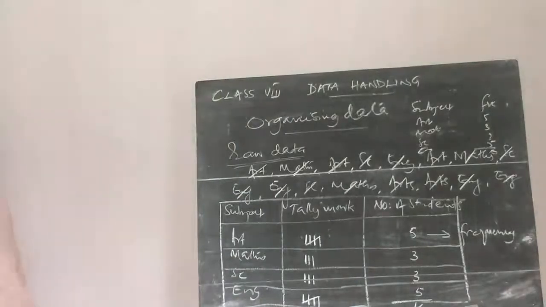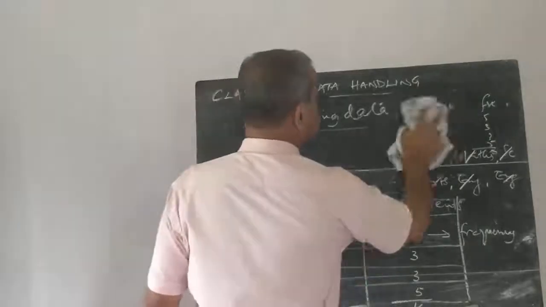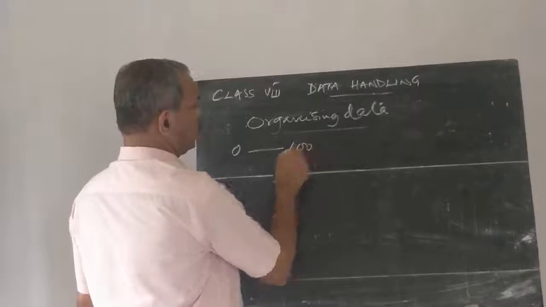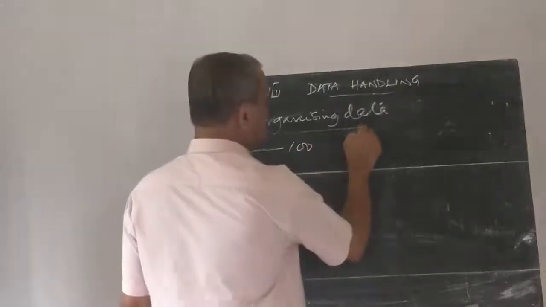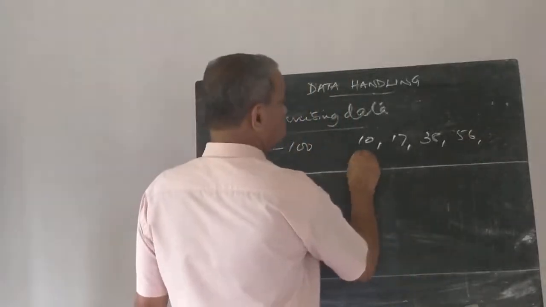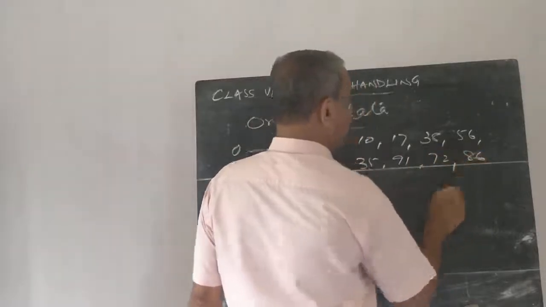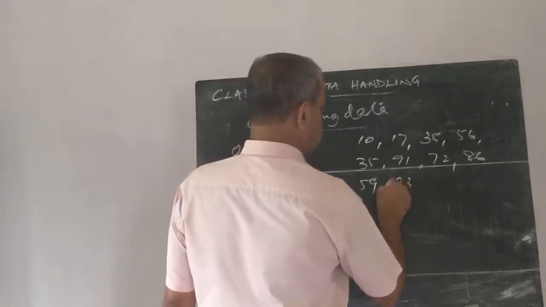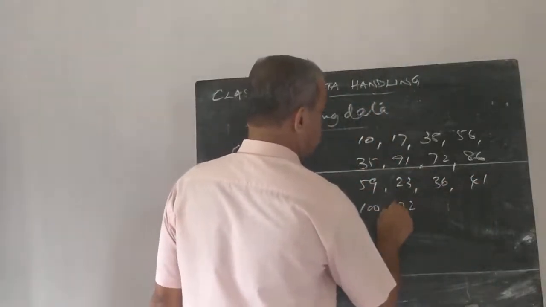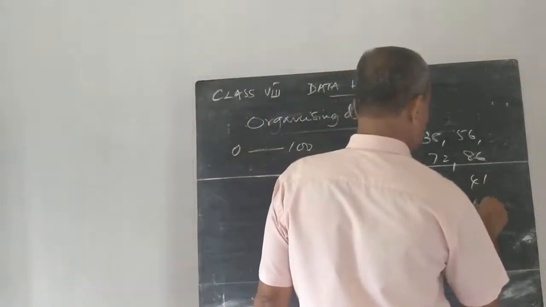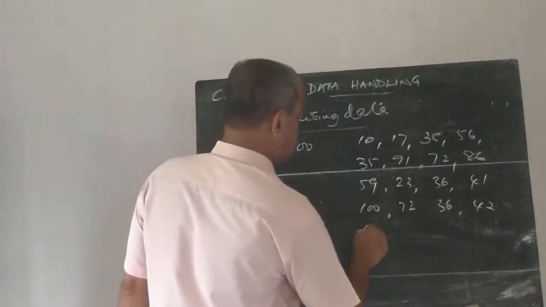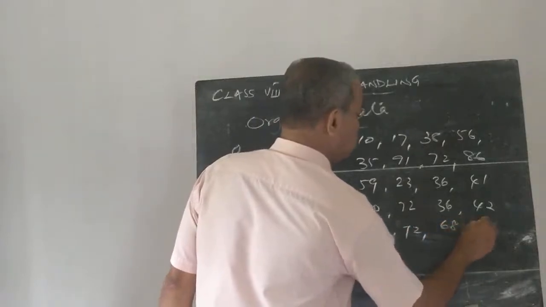Now let us consider some numerical data. Students of a class scored marks ranging from 0 to 100, and given to us like this: 10, 17, 38, 56, 35, 91, 72, 86, 59, 23, 36, 41, 100, 72, 36, 42, 42, 61, 72, 68, 90.